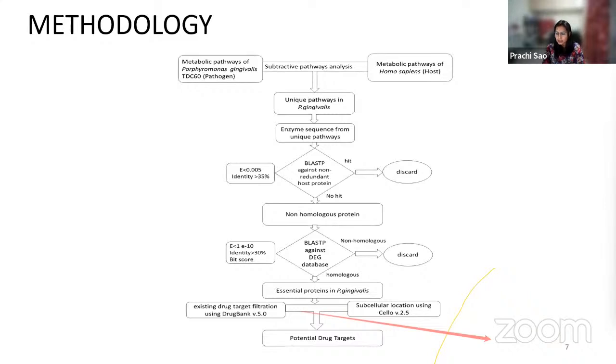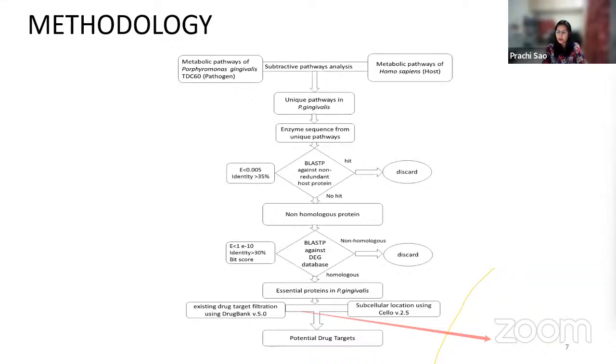An e-value towards 0 indicates that the two sequences are similar. But for our study we need non-homologous sequences, which should not be similar to the host, so we look for values where the e-value is higher, not lower. From here we get all the sequences which are non-homologous to Homo sapiens.